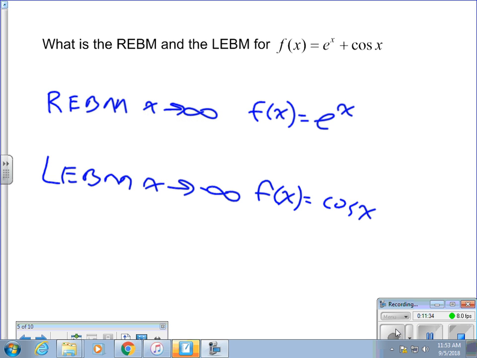What is one of the most useful things to use right and left end behavior models for? What would you want to use them for? Well, this is a big one. I might change the test if I don't get a good answer on this one.